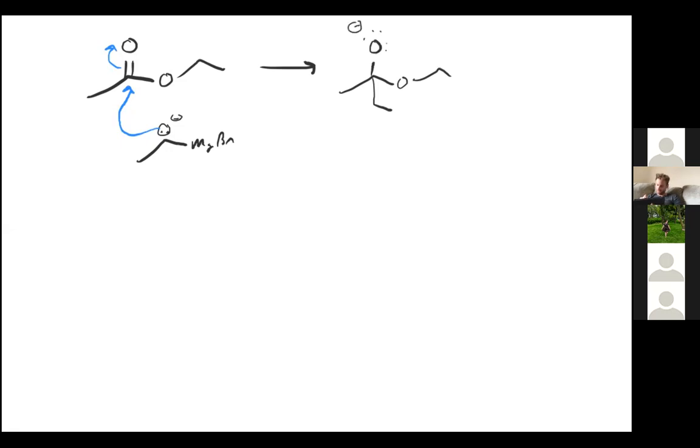Our O- will then come down to kick out this ethanol here. We're going to make a ketone originally, plus our negatively charged version of ethanol.